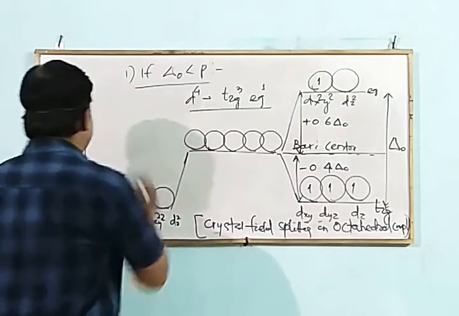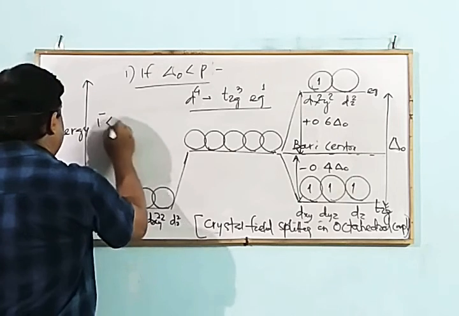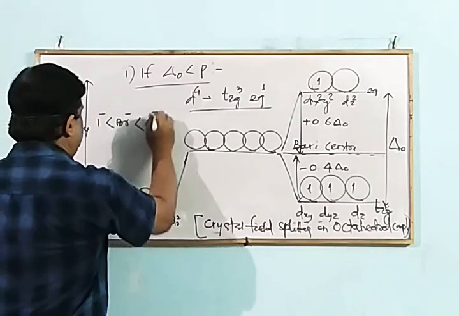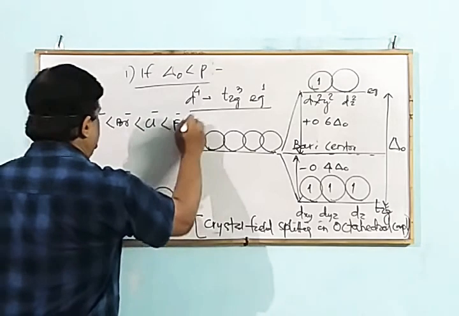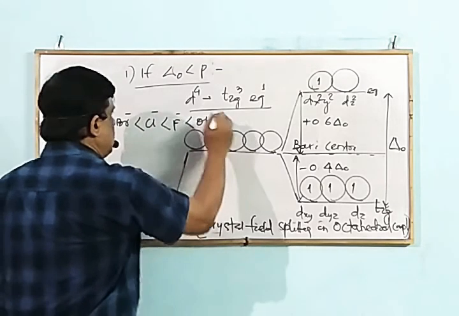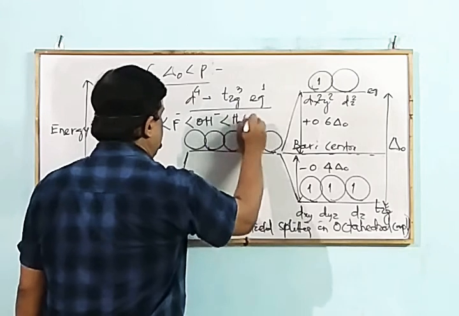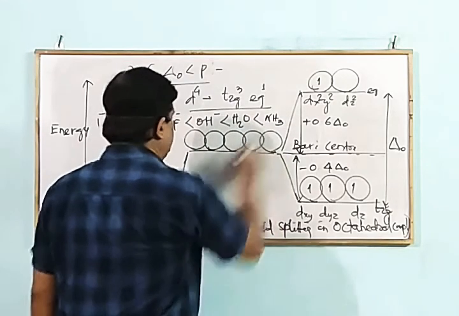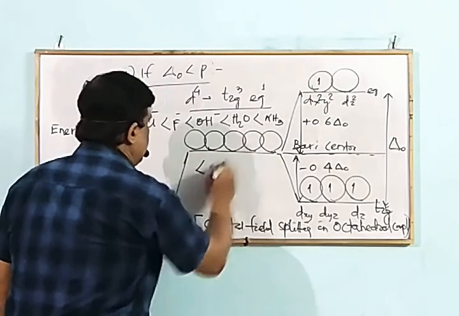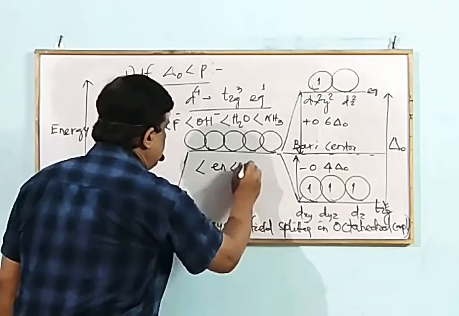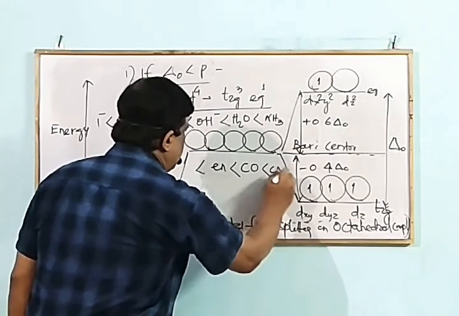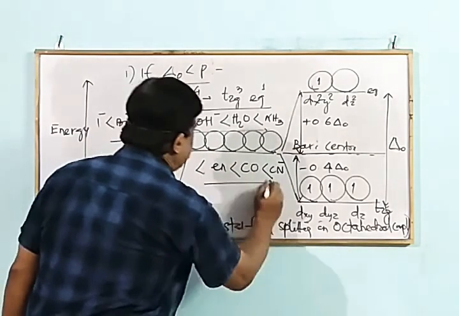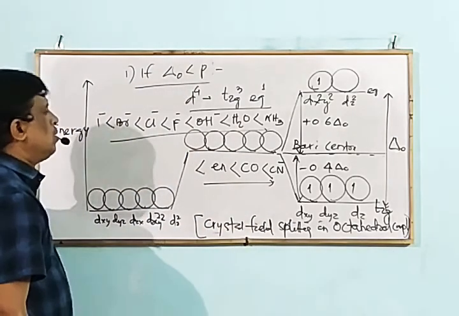The series is I minus, Br minus, Cl minus, F minus, OH minus, H2O, NH3, next ethylenediamine, carbonyl, cyanide. This is the arrangement in increasing order of del O.